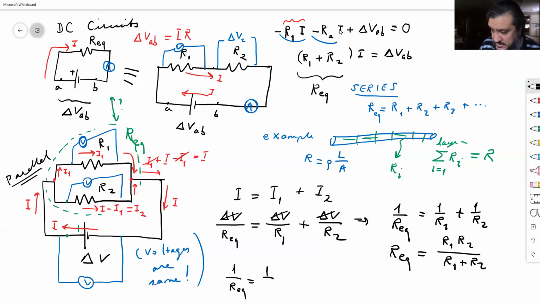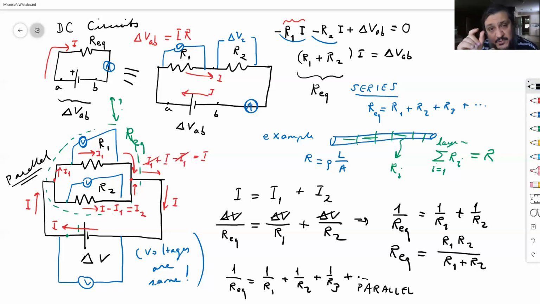1 over R1 plus 1 over R2 plus 1 over R3, and so on. So that's the parallel formula. You always end up with a resistance less than the individual resistances of the resistors you're using in the case of parallel.